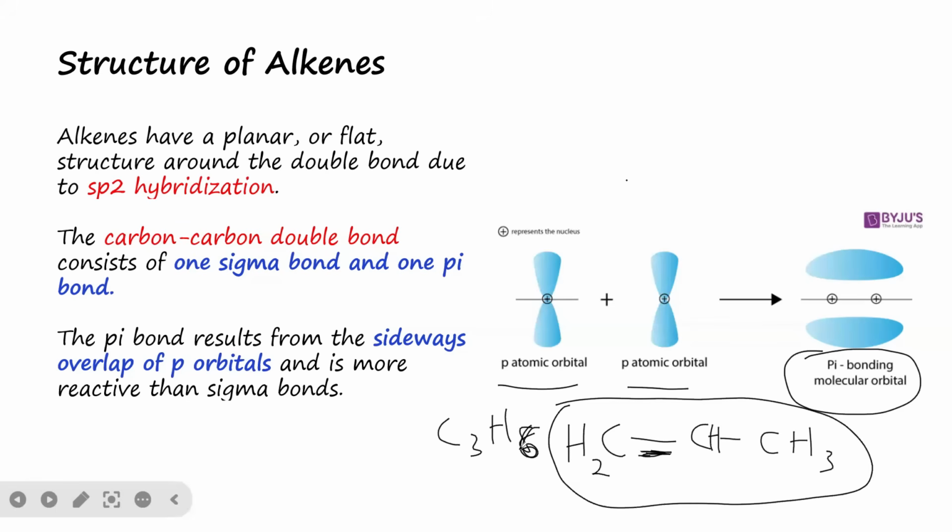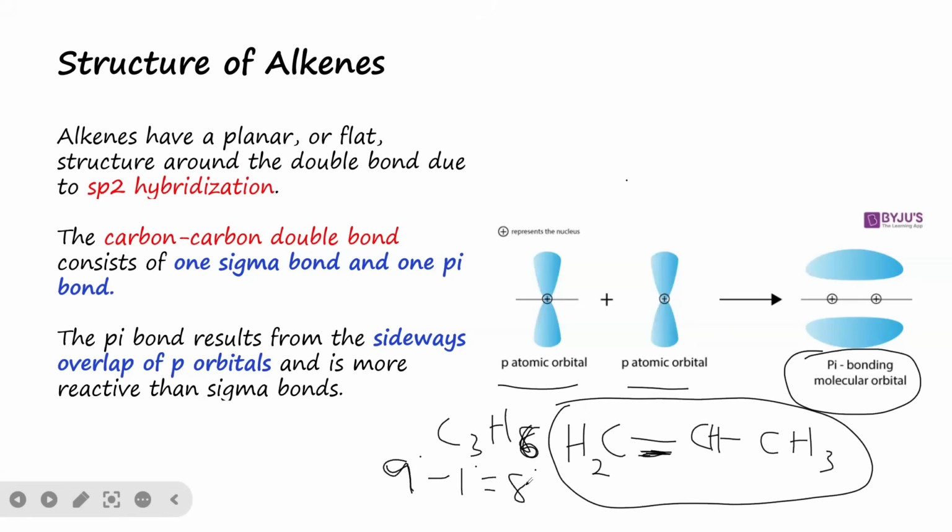So as we can see here, if you are asked to calculate the number of sigma bonds and pi bonds here, the best thing to do is count the number of atoms. So if you look at it, we have 3 here, we have 6, and this will give us 6 plus 3, which is 9. So 9 minus 1 will give us 8. So whenever you want to know the number of sigma bonds, you add all the atoms together and subtract 1, and that will give you the number of sigma bonds.